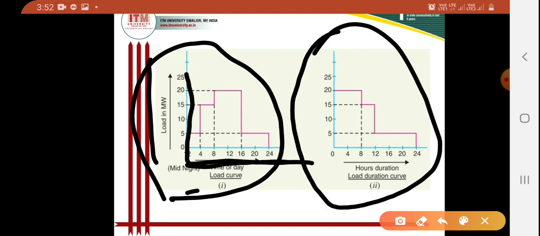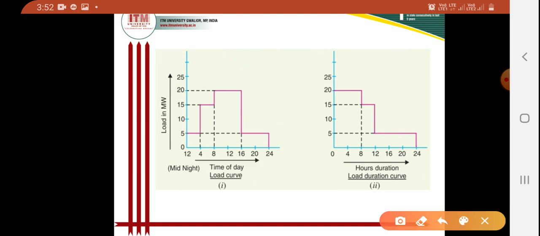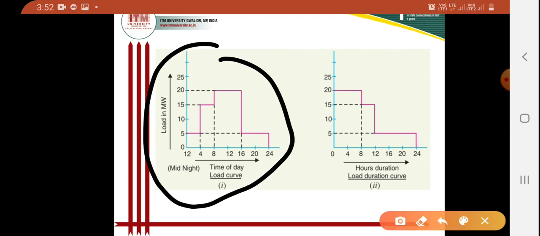See the diagram of the load curve. For these first 4 hours, the load consumption value is 5 megawatt. When we are plotting the load curve, we are plotting it in a sequence of time.